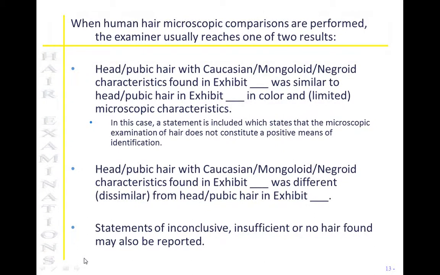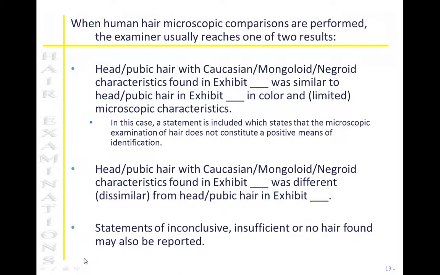The statements will usually always contain the body part that the hair has been associated with, and if possible, also the racial characteristics. So using the terminology either Caucasian, Mongoloid, Negroid, which is found in most of the literature when we talk about hair examinations, or European, Asian, or African.